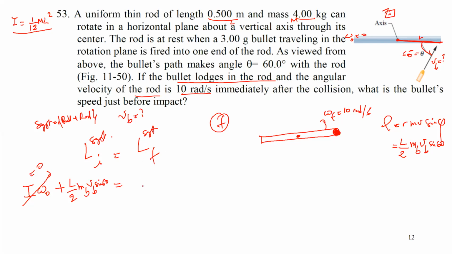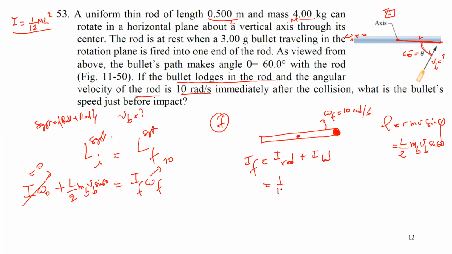So what is L system final? It's I final, omega final. By the way, omega final is 10 radian per second. Now what is I final? I final is I of my rod plus I of my bullet.